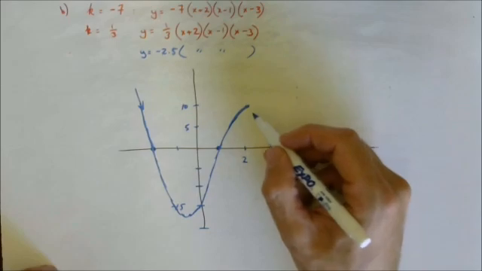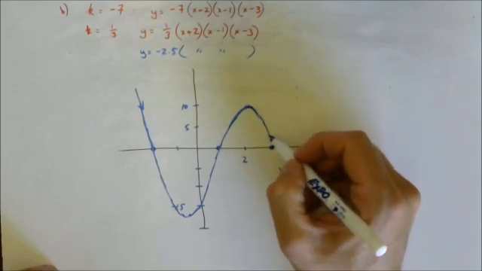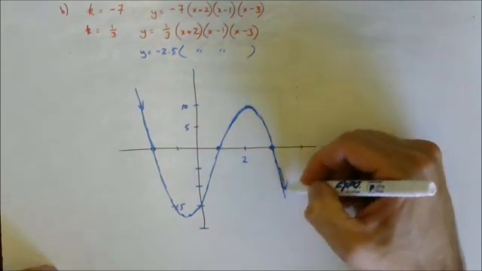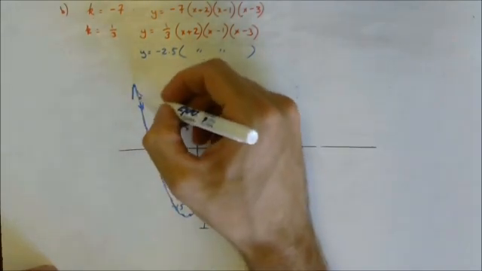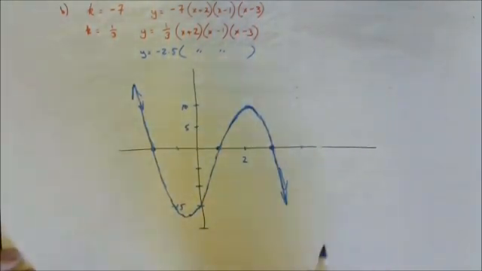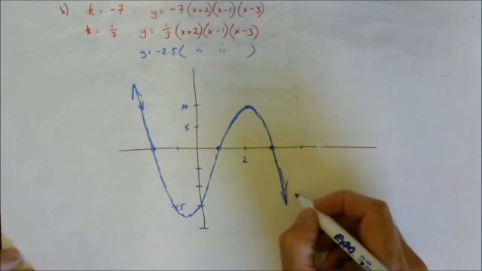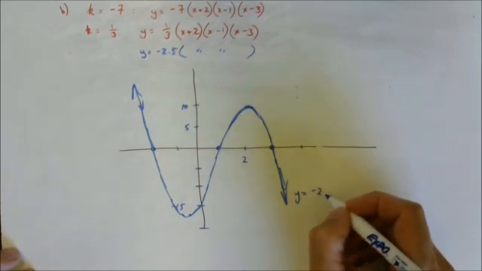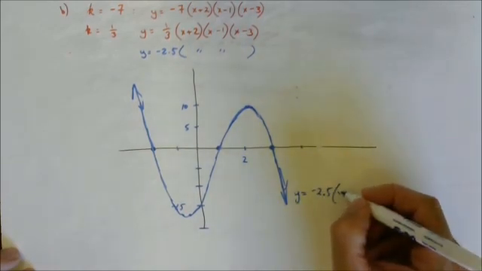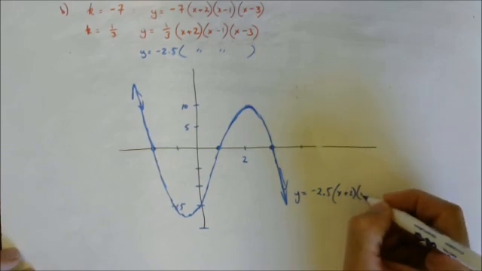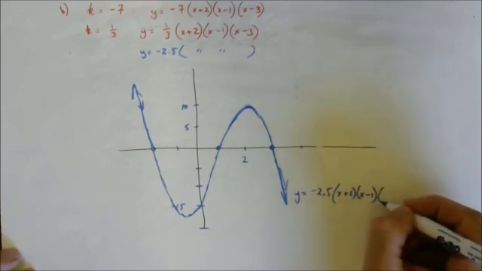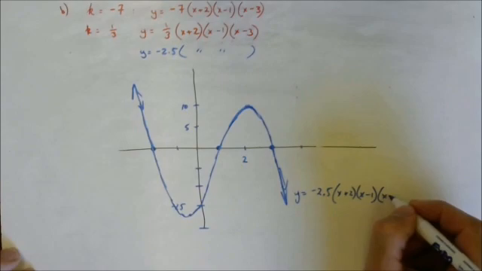If you do want an accurate sketch, you can do that. Just take your x value where you know you are and plug it into your equation. So this is the last one that we did. This is y equals negative 2.5 (x plus 2)(x minus 1)(x minus 3).